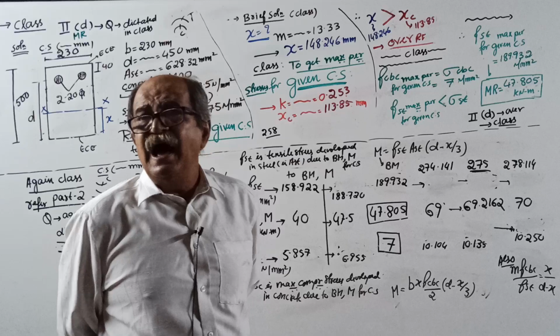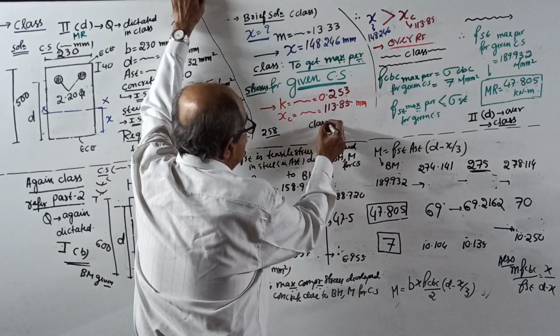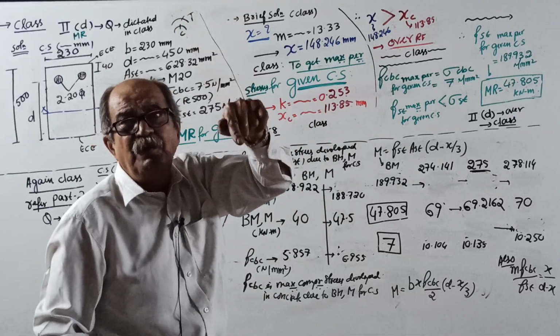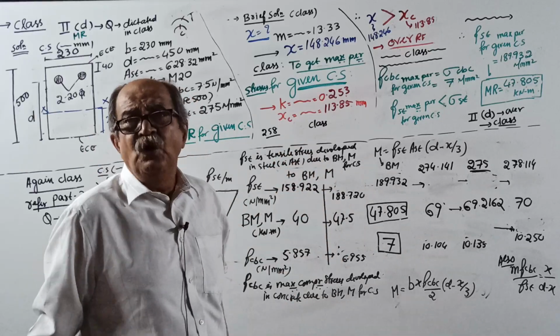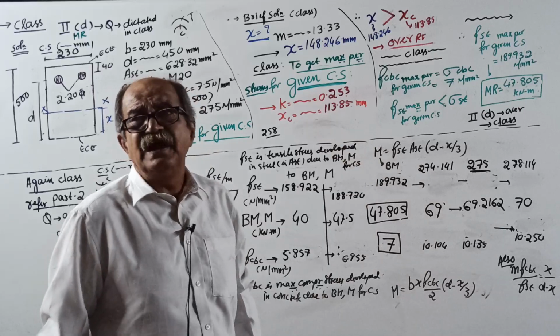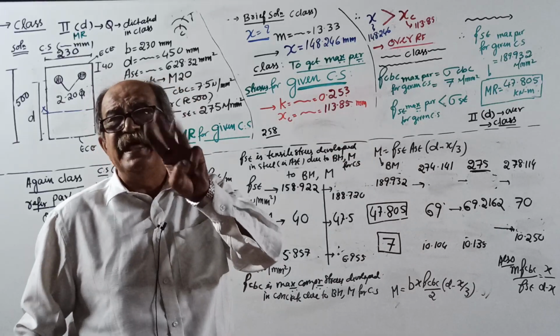Now, the next class will be class number, I think, 20 for my regular group. You don't bother. Others, I will tell in the group there. For you, it is part 6. I am starting the doubly reinforced section. There will be 3 or 4 classes. Or 3 classes will be there.